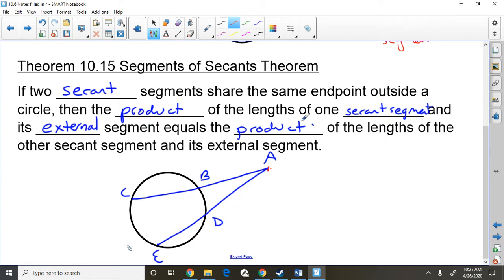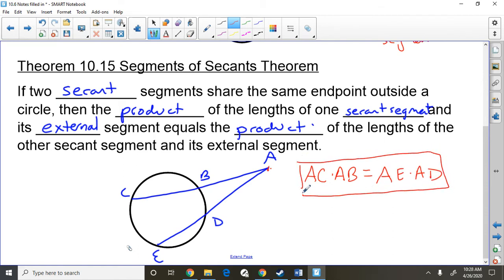AC is a secant segment, and I want the product of that and its external segment, which is AB, equals the product of the other secant segment, AE, and its external segment, AD. You have to be careful with these. It is the entire secant times the external part. AC times AB equals AE times AD.